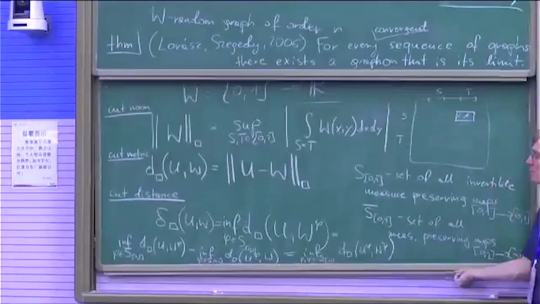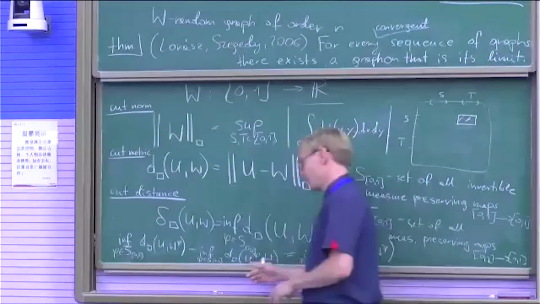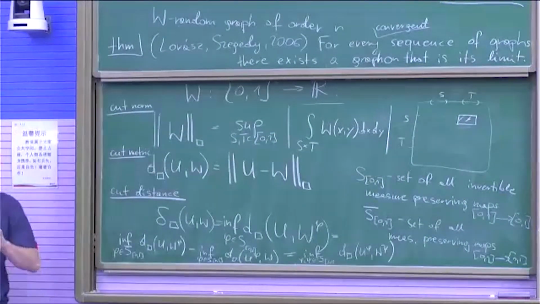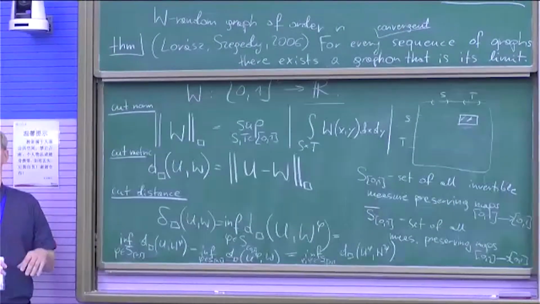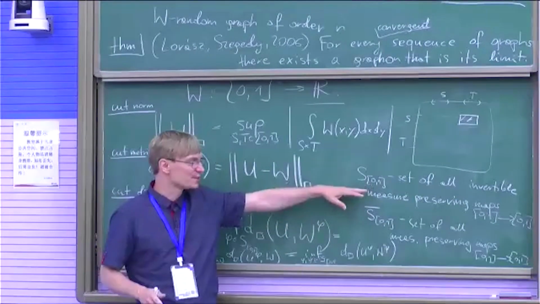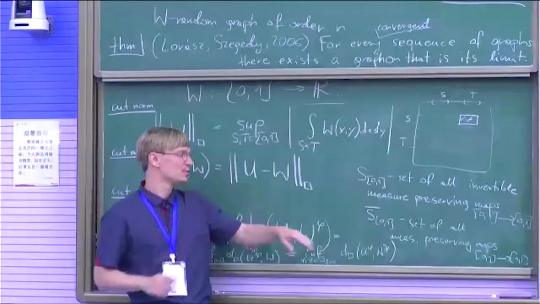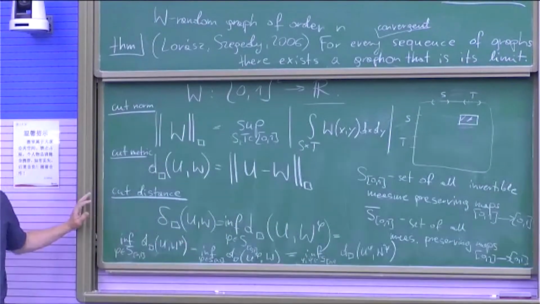But what I want to say is that it doesn't matter if I'm reshuffling just U, just W, or both of them, or if I'm reshuffling only using measure preserving maps which are invertible, or all of them, the infimum is always the same.